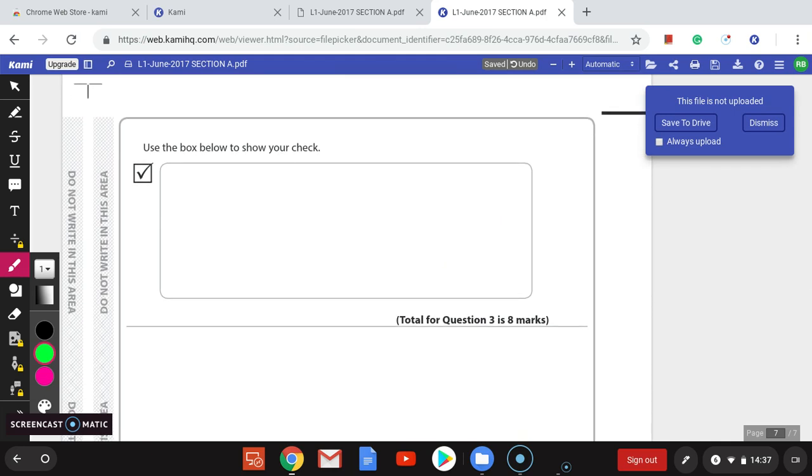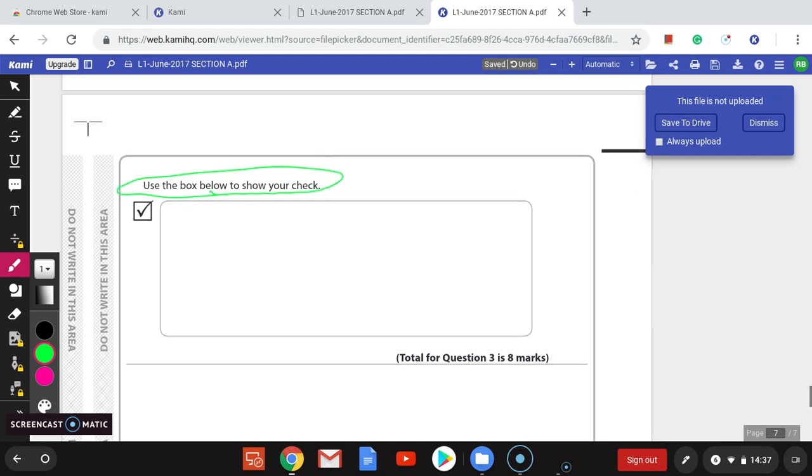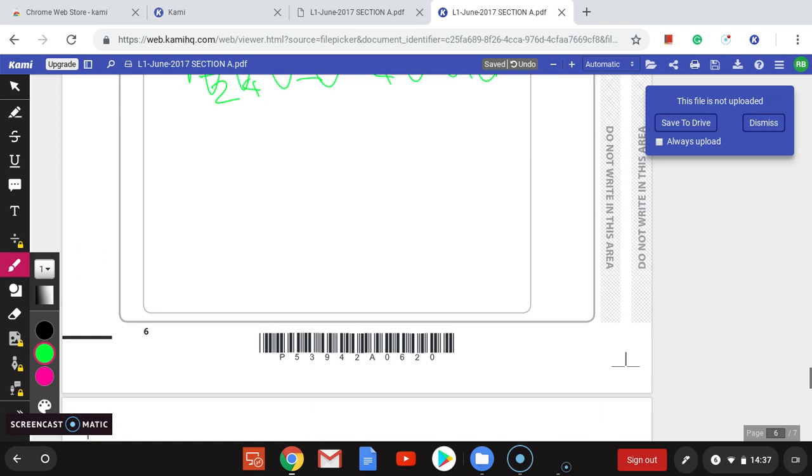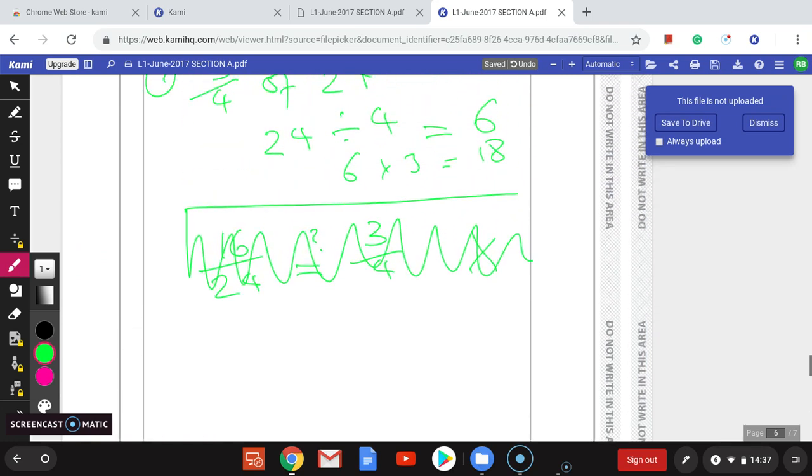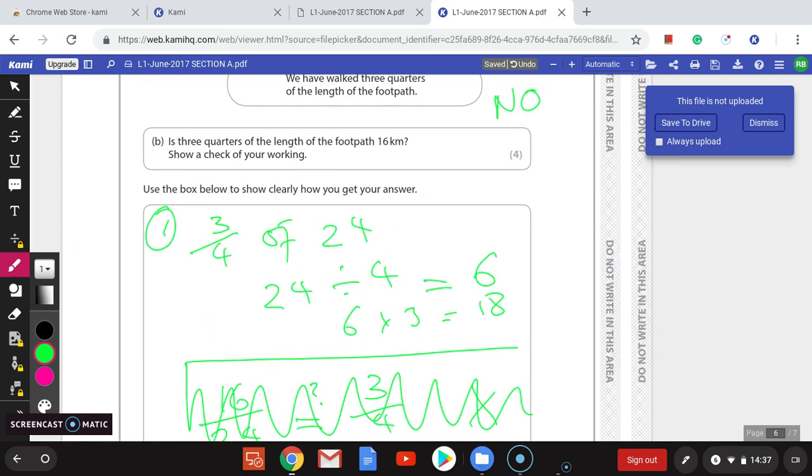Quite importantly, on the next page, it says show a check. A lot of students miss these on the tests, and they're worth about 4 marks. Often the difference between passing and failing is noticing the check questions. All it means is you look at the question you just answered and do one of your calculations in reverse.